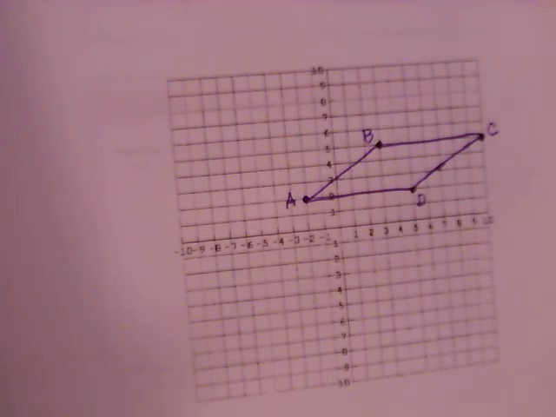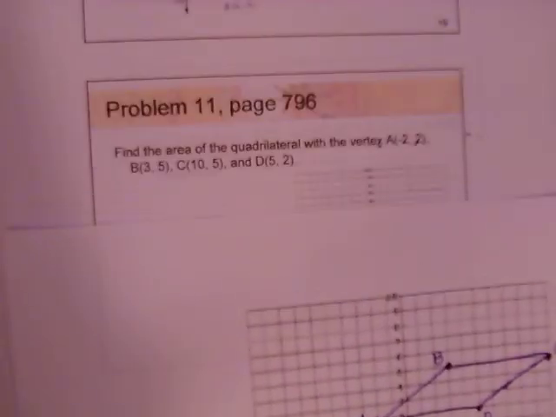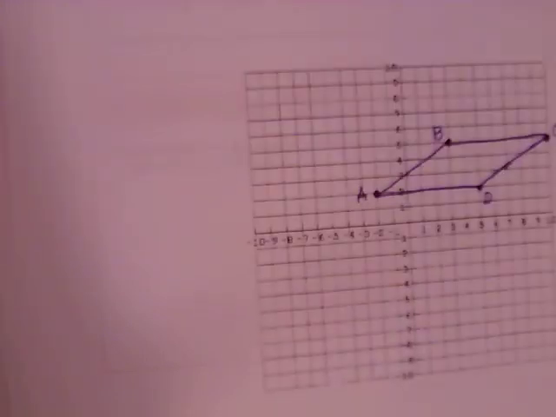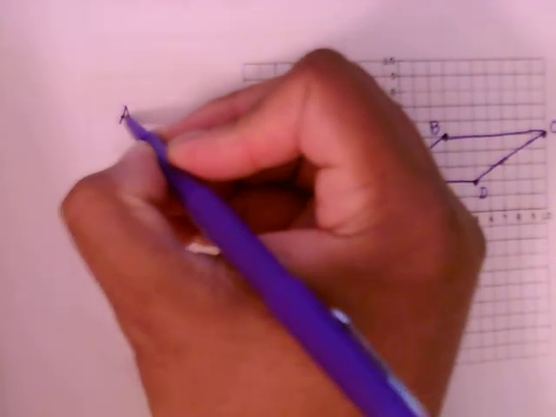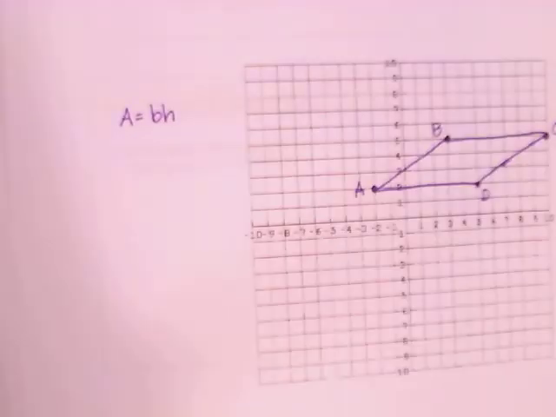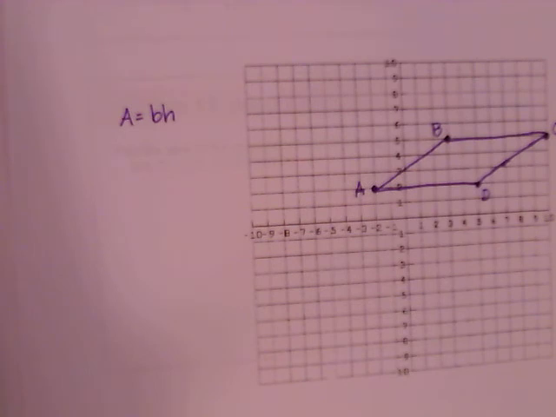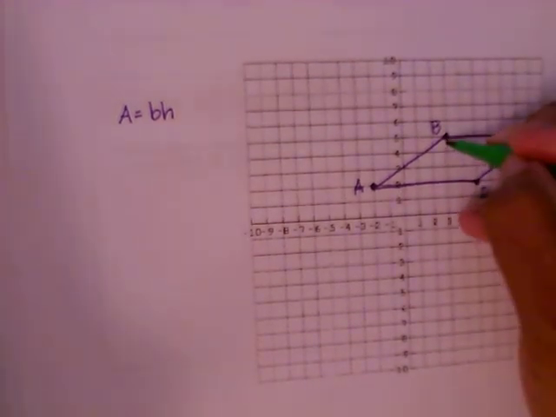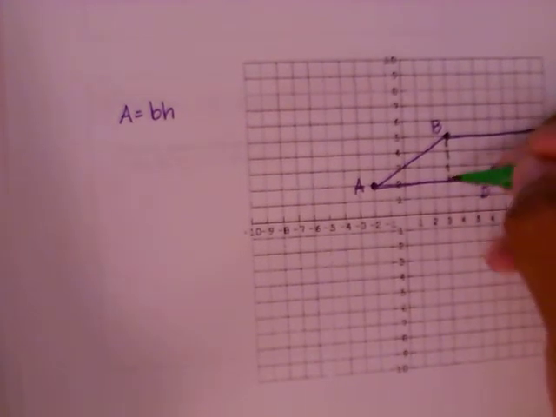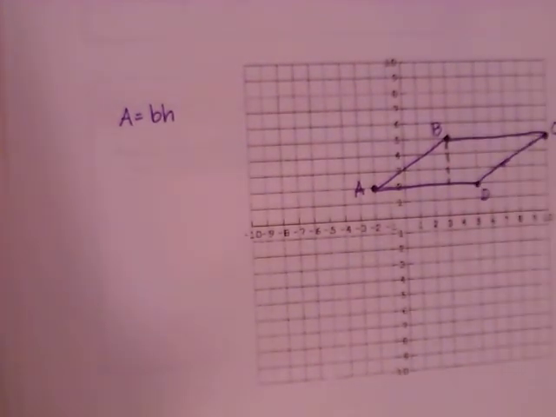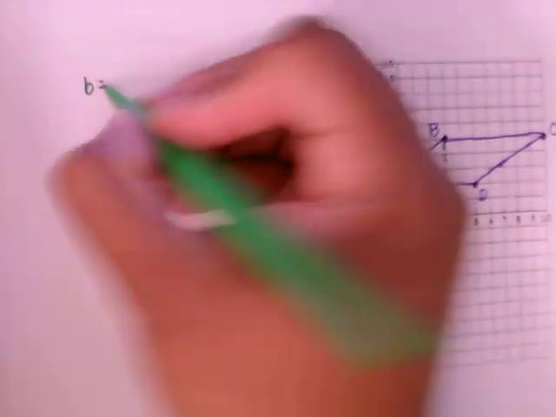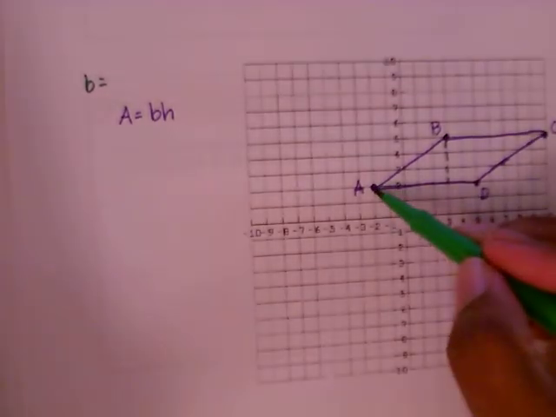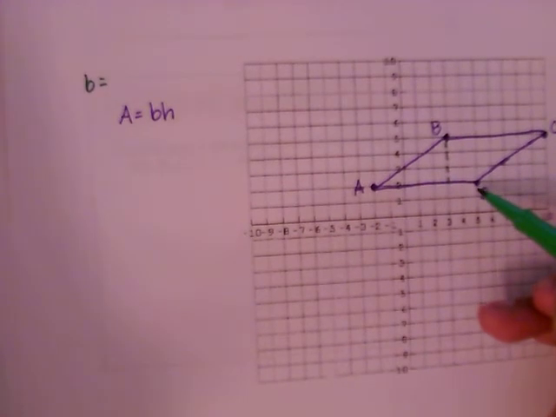So that's what that parallelogram looks like. Now they want the area of that quadrilateral, and it is a parallelogram. So there is a formula for the area of the parallelogram, the base multiplied by the height. In this case, this is the base. I can find out what the base is by looking at the distance from A to D. They both have the same y coordinates.